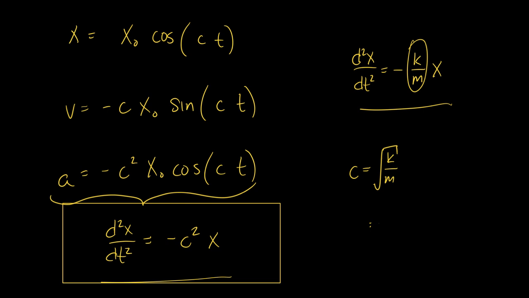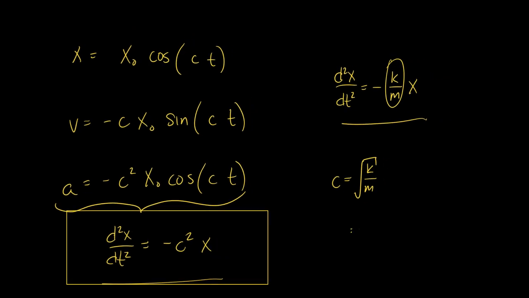So now we're not talking about any oscillator. We're talking about the spring mass oscillator. Right, we have found our constant. So where I see a C, we'll replace it with the square root of k over m.